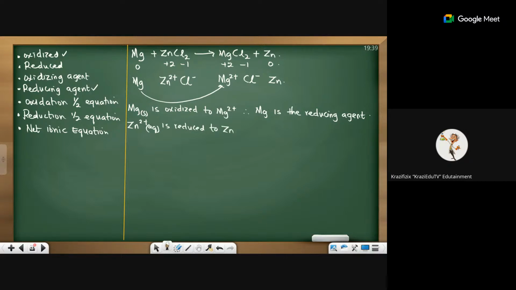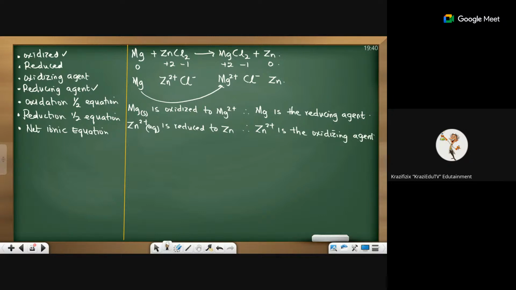Why is it reduced? Because there is a loss or there's a decrease in what? Oxidation number. Therefore, zinc 2 plus is the oxidizing what? Agent.